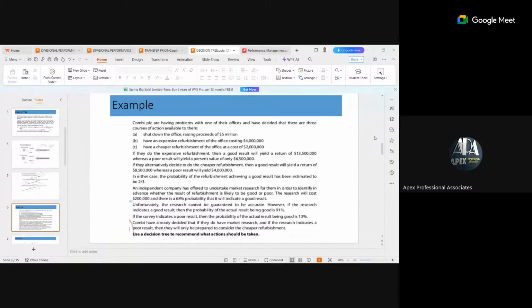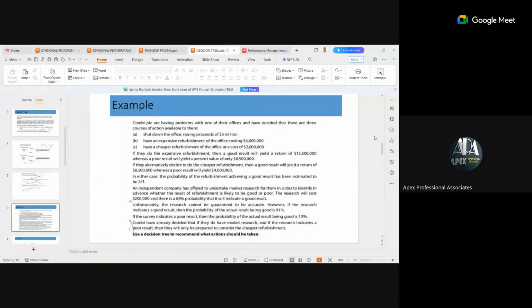That is still on the choice we have to make between shut down, expensive, cheap. Shut down is not having any option, no chances. You are shutting down, nothing like good or bad. But expensive is having the option of yielding a result of good or bad. Cheap is having the option of giving a result of good or bad.